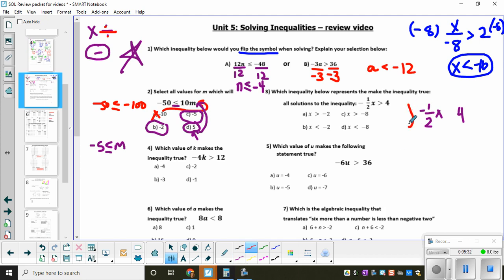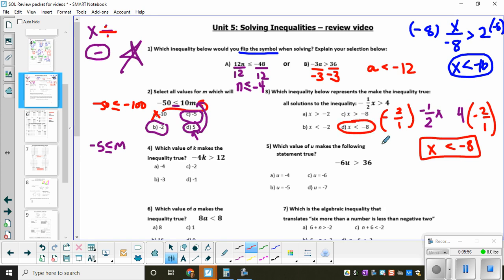We're going to multiply both sides by the reciprocal. Now when we flip this, we get a 2 over 1, but it is a negative. So we are multiplying both sides here by a negative number. This is a negative coefficient, which means the inequality symbol needs to turn around. So here we've got 4 times the negative 2, which is the negative 8. And now we can come through and pick, and that one's going to be answer choice D.